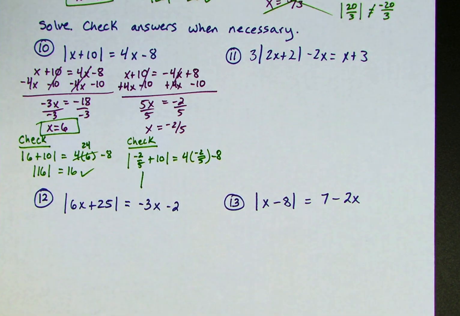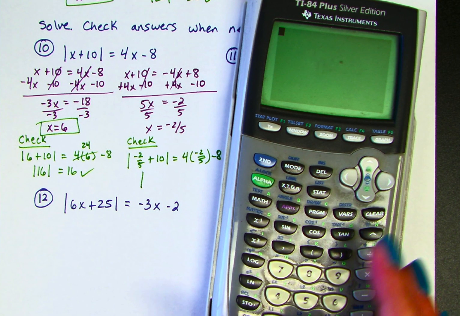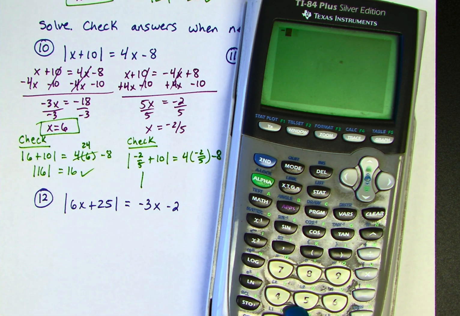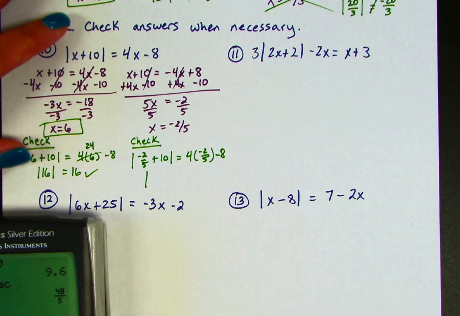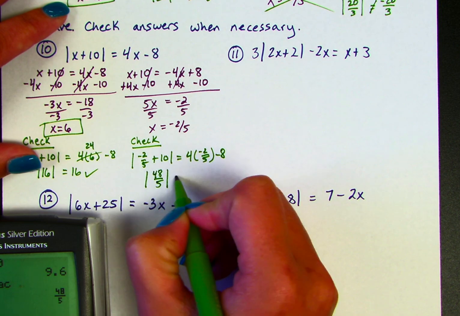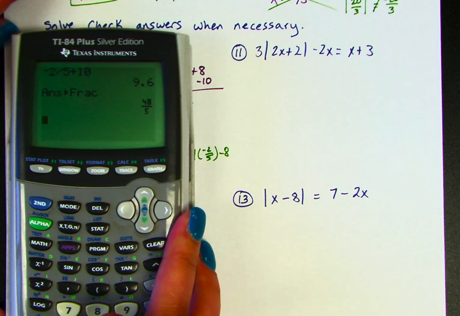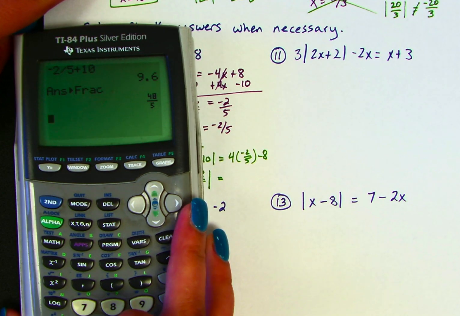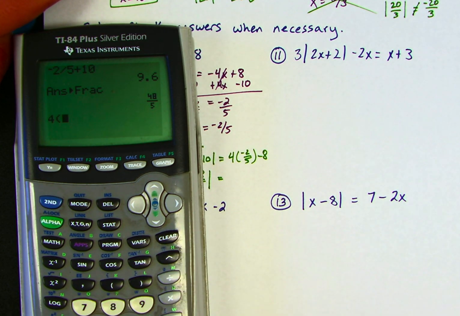Okay. All right, so I'm just going to use my calculator to kind of speed the process up. So negative 2 divided by 5 plus 10, changing it back into a fraction. So 48/5. And then same thing on that next one. So 4 times negative 2 divided by 5 minus 8.